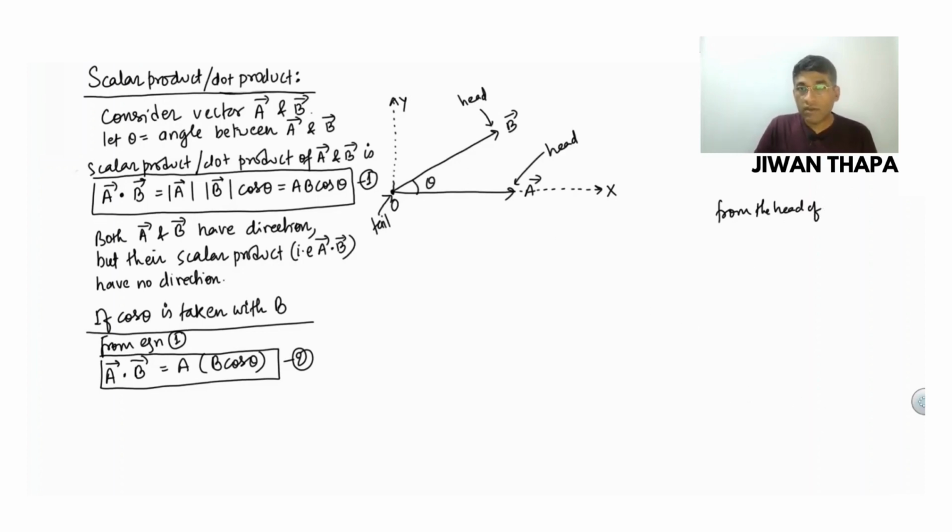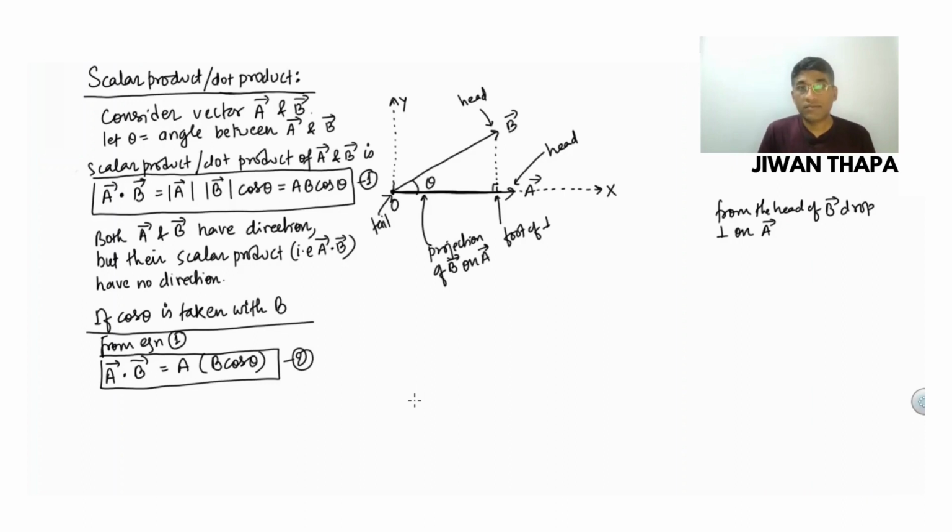So from the head of vector B, drop a perpendicular on vector A. So let us drop the perpendicular, and this represents the foot of the perpendicular. Now this length represents the projection of vector B on vector A.